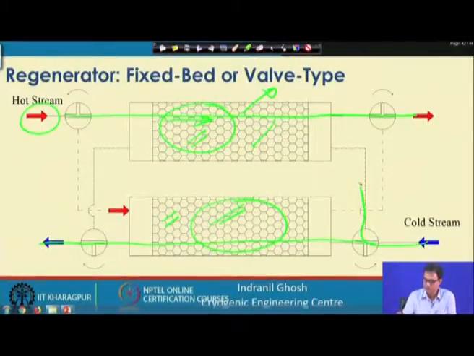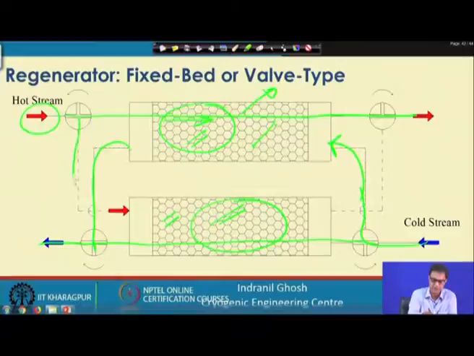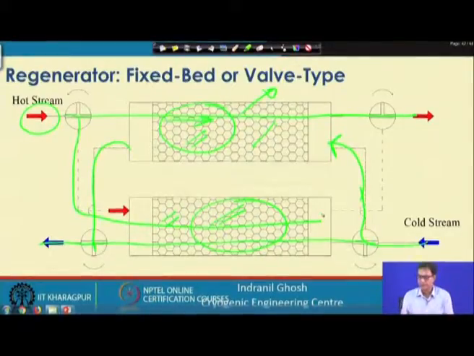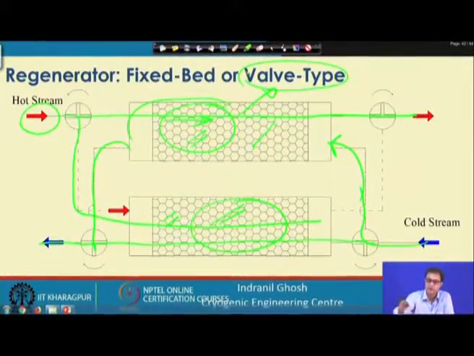I mean these valves will be changed from this position to this position, and the cold fluid will be flowing like this, whereas the hot fluid will be flowing through this bed. So, in alternate cycles, you can see these beds are remaining fixed, and the only thing is that the valves are changing the flow from one regenerator to the other regenerator.